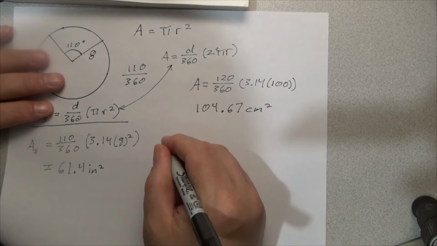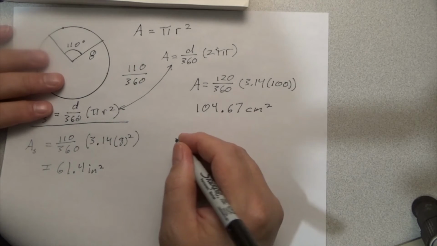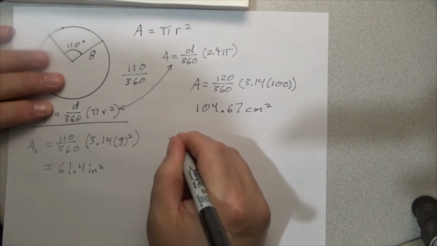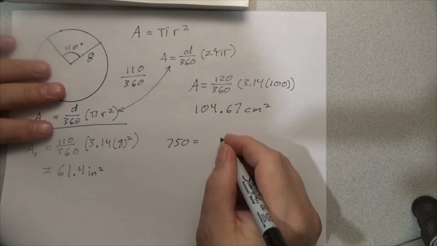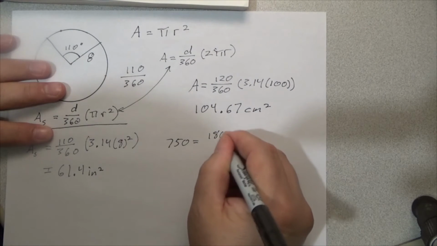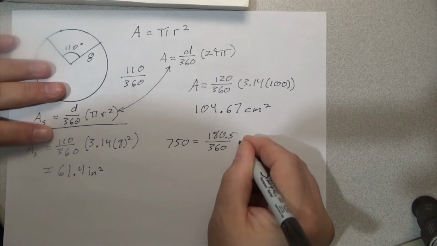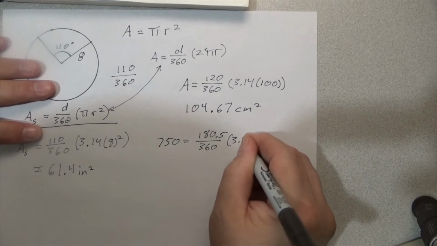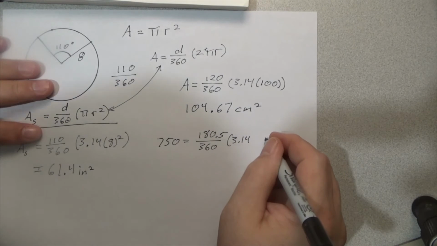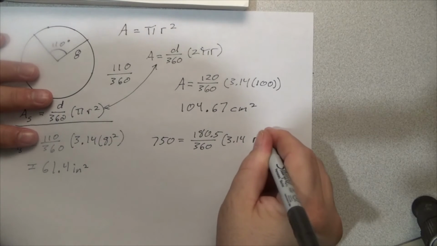The area, which is something we know, is 750, they give it to us. 750 is equal to, what is that central angle? 180.5 divided by 360 times 3.14 times the radius squared.